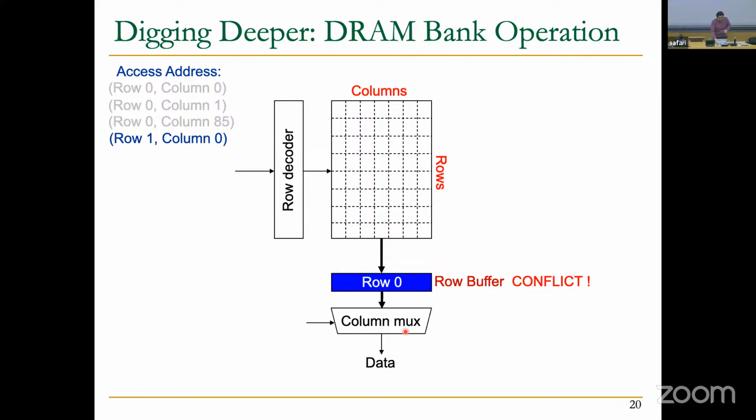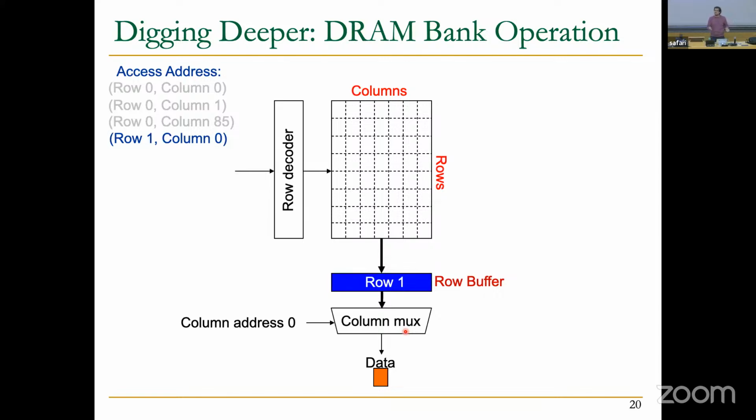You have to reset the internal state, as I mentioned, and this will take some time. Now you can put the new address to your row decoder circuitry that will enable a different word line, and that will bring row 1 to the row buffer. And now you can finally serve the read request by bringing the data that corresponds to column 0 in row 1. So row buffer hits take less time, row conflicts take more time.